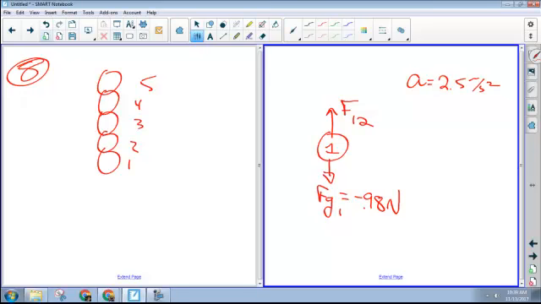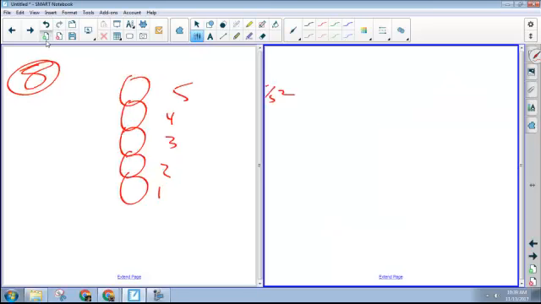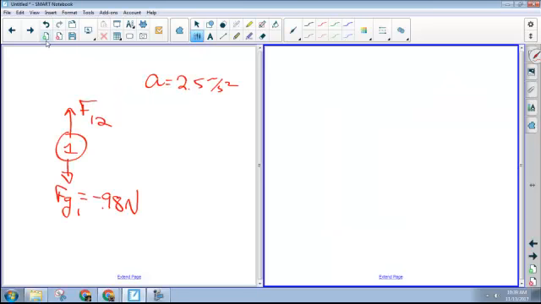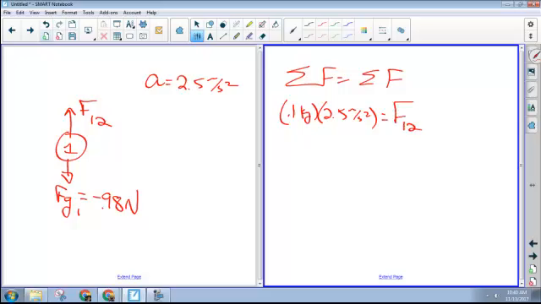Follow? So I think what we can do is just set up a net force equals net force statement. So this mass is 0.1 kilograms. The acceleration is 2.5 meters per second squared, right? So that's mass times acceleration. And that's got to equal our total force, which is the force on link 1 from link 2 plus negative 0.98 newtons.